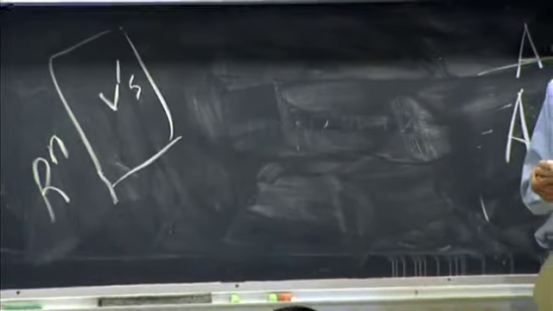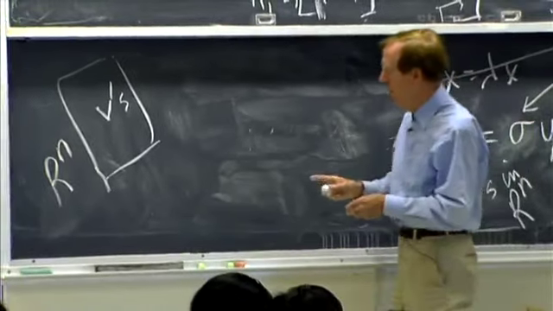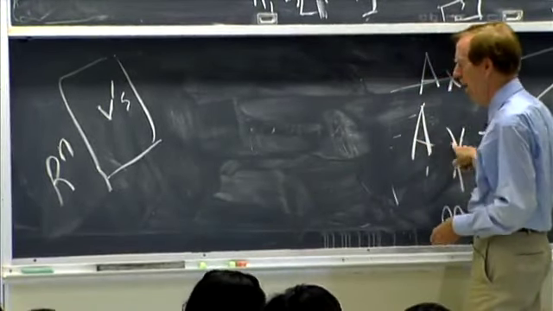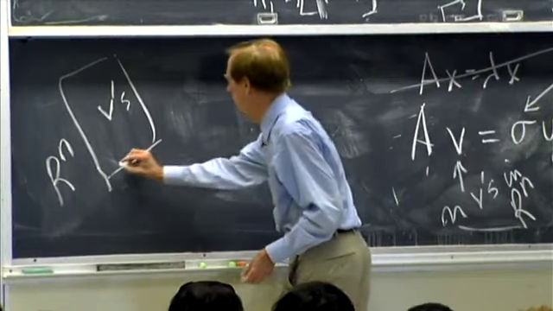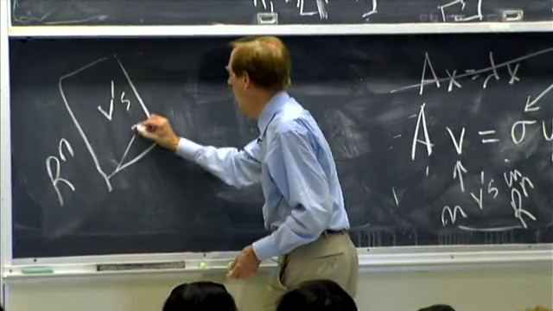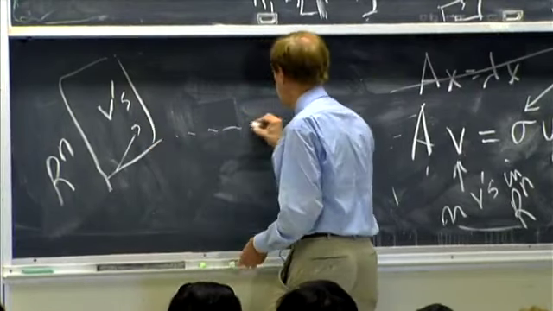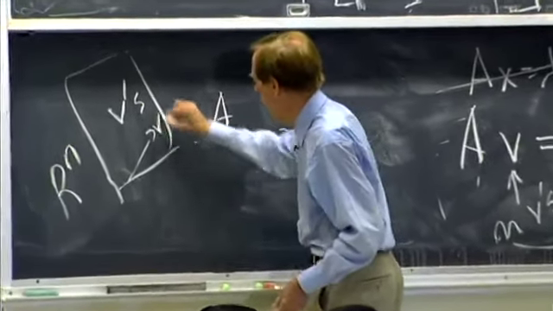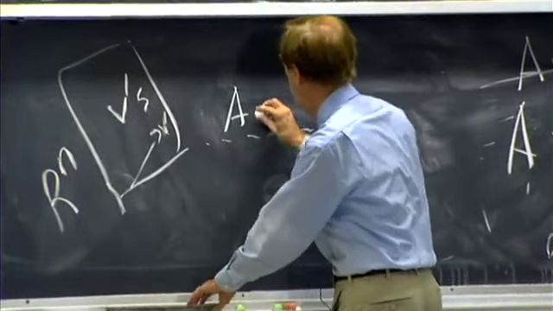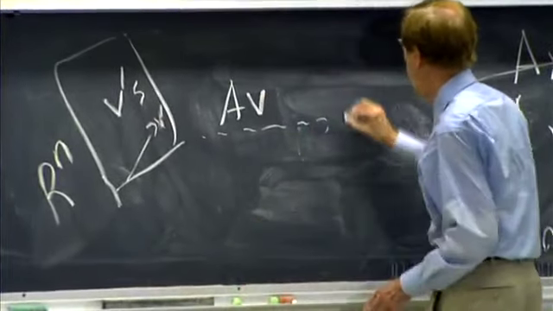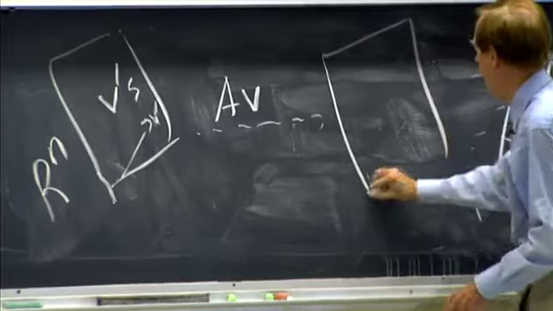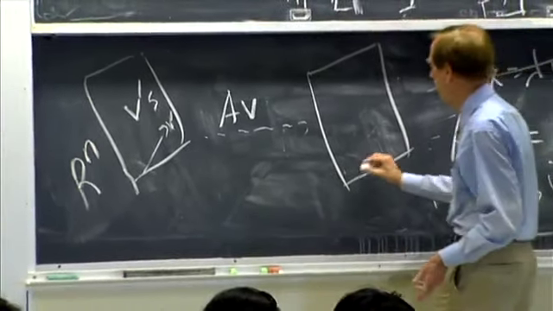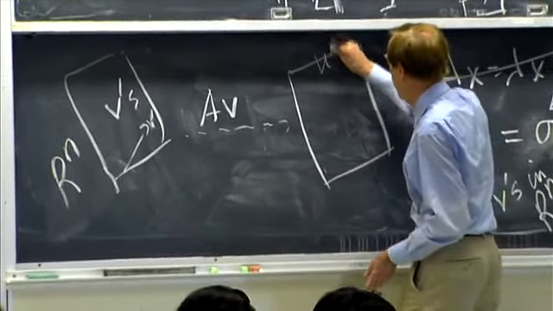It's kind of a puny picture, but when I multiply by A, I take a vector V, I take AV, and I get something over here. And this will be the space of U's.